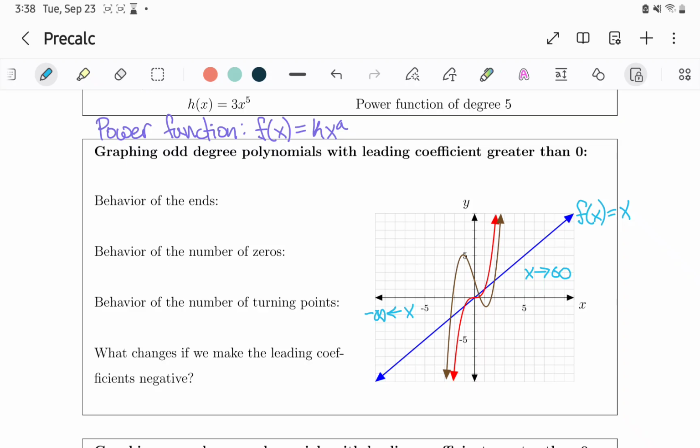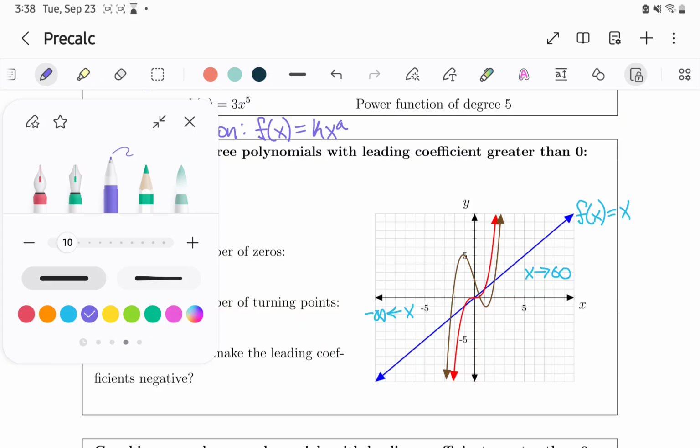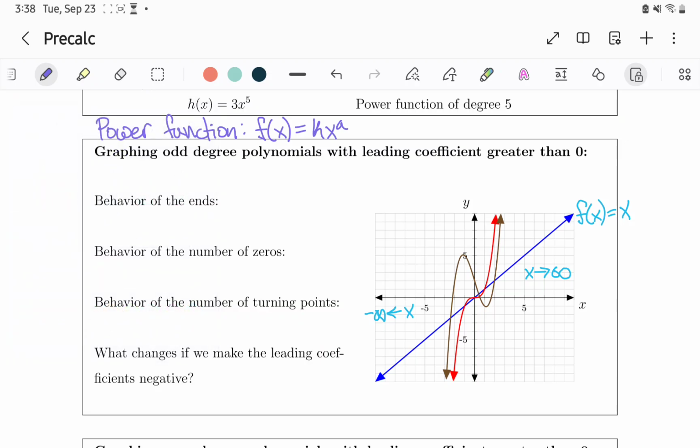So the behavior at the ends for an odd degree polynomial function with a leading coefficient greater than 0 is that f of x goes to infinity as x goes to infinity, and f of x goes to minus infinity as x goes to minus infinity.